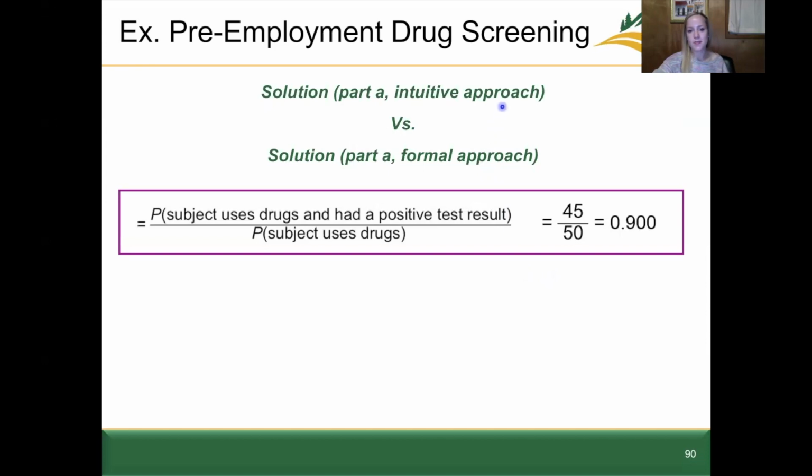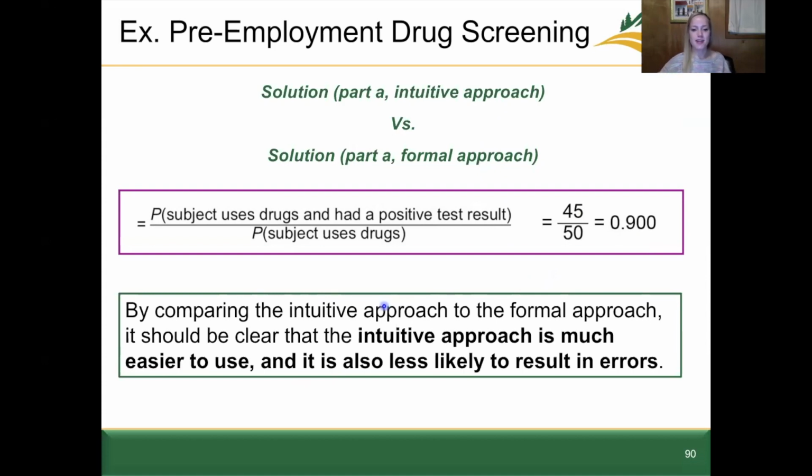So the intuitive approach versus the formal approach, we still get the same answer both times. In comparing the two, it should be clear the intuitive approach is easier to use. Because we have less steps involved, it's also less likely to result in errors.